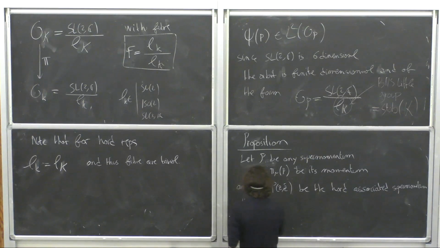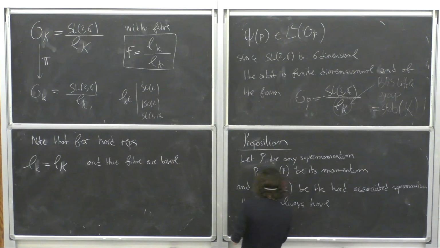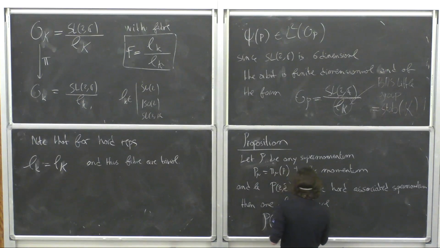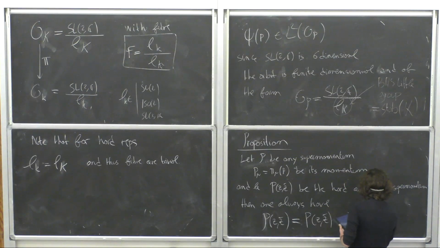Then one always has that curly P z bar equals P z bar plus dz bar curly.